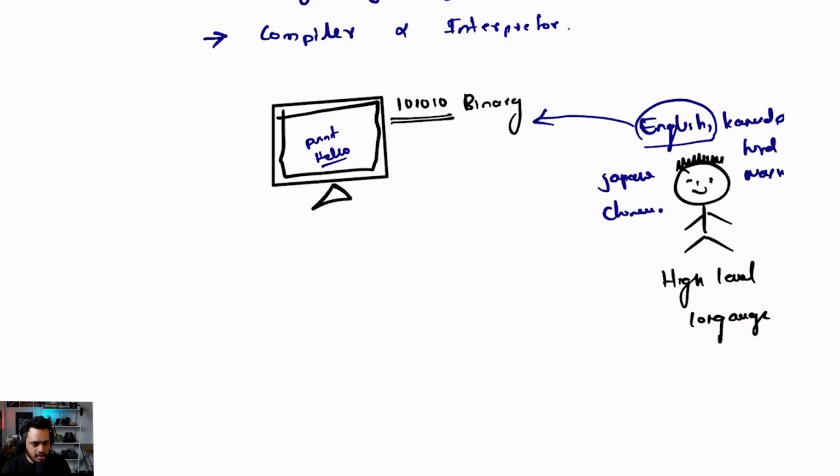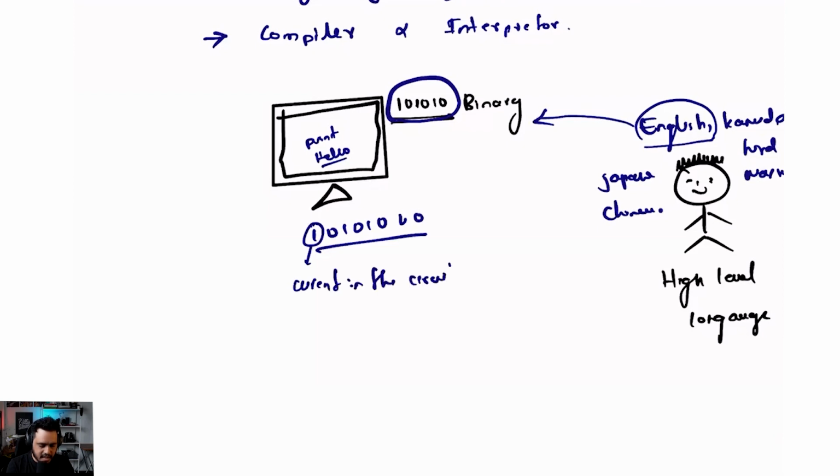Will that work? No. Why will that not work? Because the computer understands only 1 0 1 0 1 0. What is 1? 1 means there is current in the circuit. If there is no current in the circuit, that means 0.